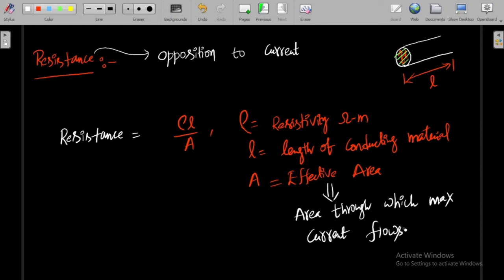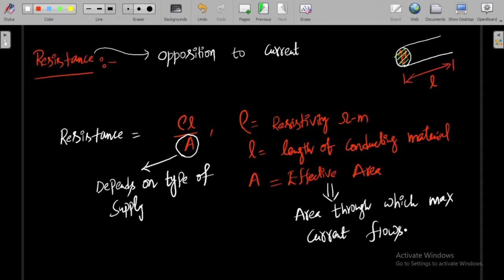Why are we considering this as the effective area, not the total area? Because the area through which the current is flowing depends upon the type of supply.